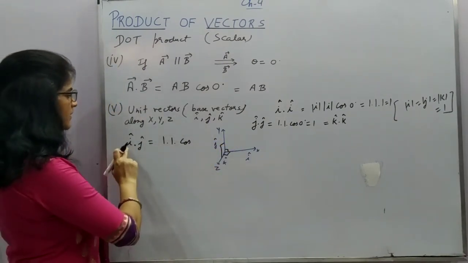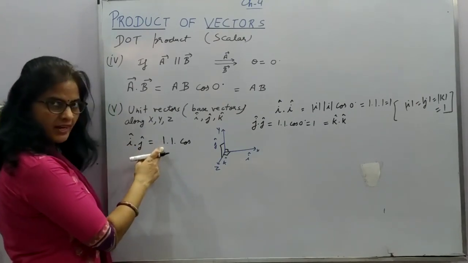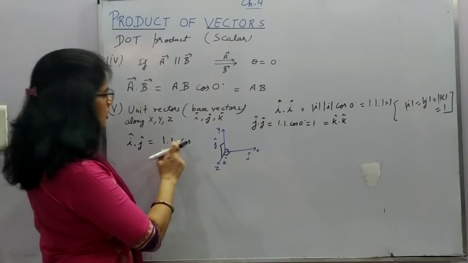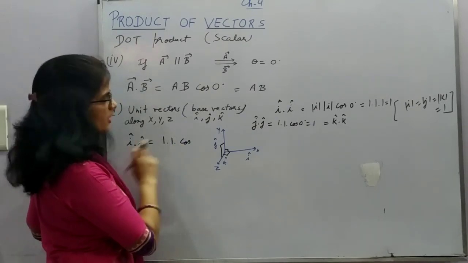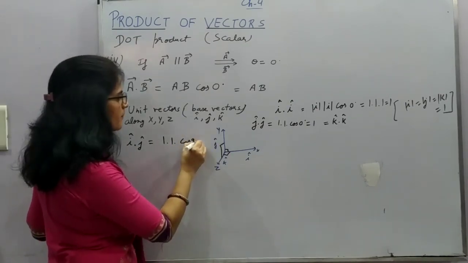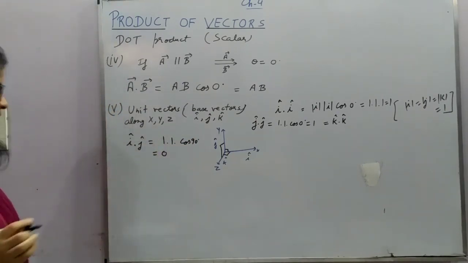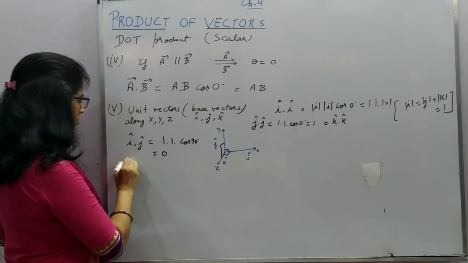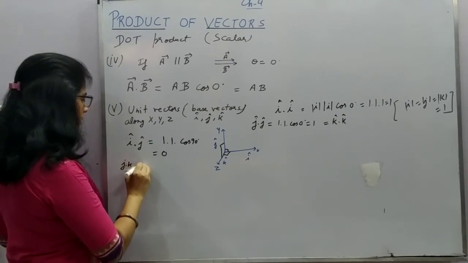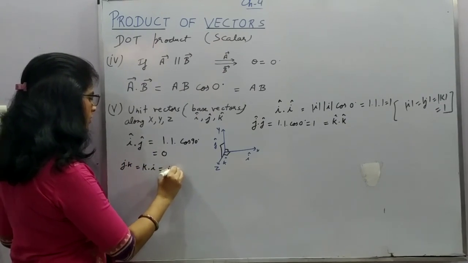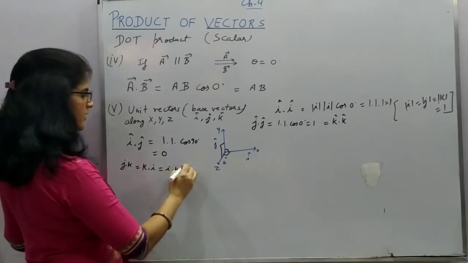So here we can write i dot j means magnitude of i, that is 1. Magnitude of j cap, that is 1. Cos of angle between i and j is 90 degree. And cos 90 is 0. So i dot j is 0. Similarly, j dot k, k dot i, i dot k, because this is commutative.